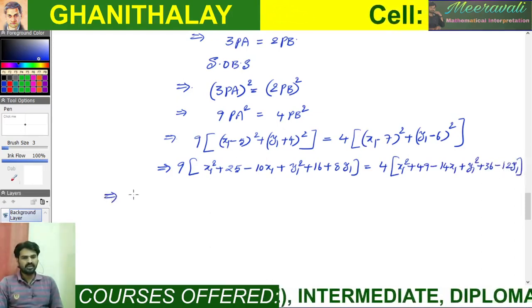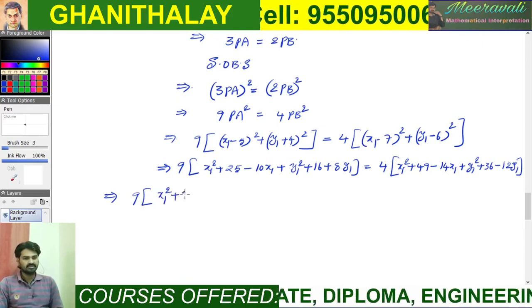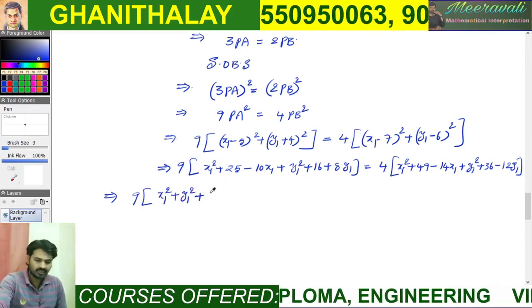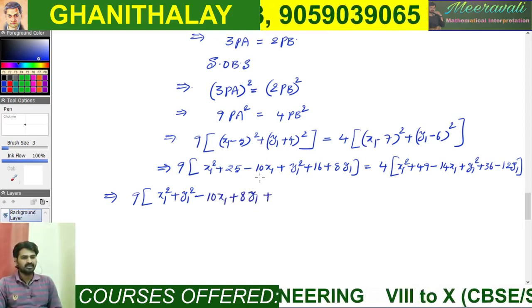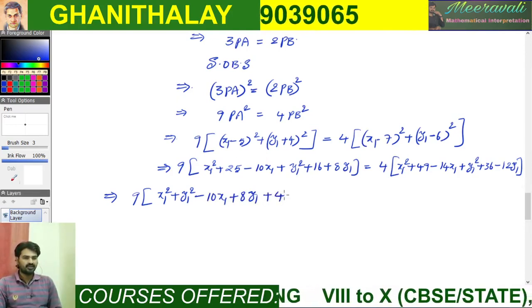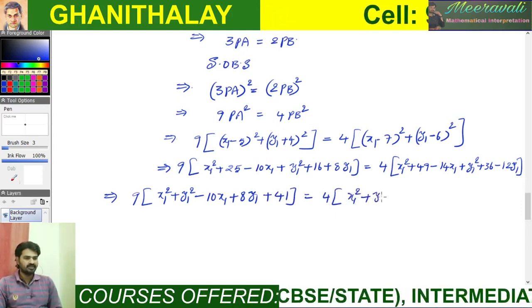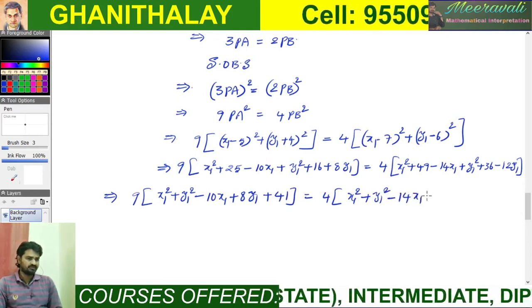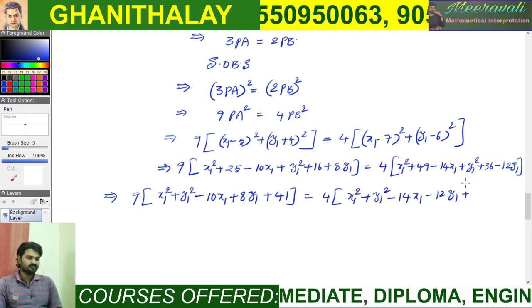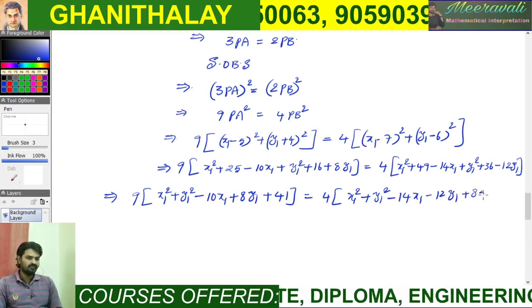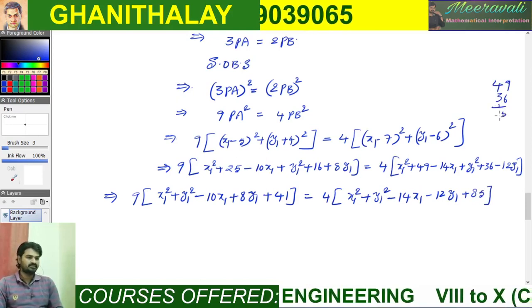Now simplifying the bracket terms, first the square terms, x1 square, y1 square. Next the x term, minus 10x1 plus 8y1. Next the constant terms, 25 plus 16, that is 41, is equal to x1 square plus y1 square, minus 14x1 minus 12y1, plus 36 plus 49, finally 85.